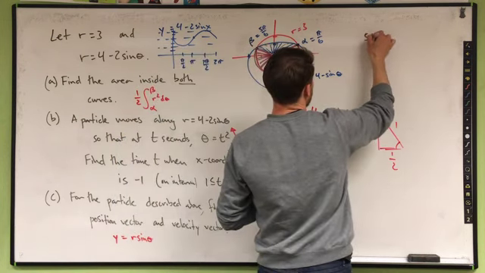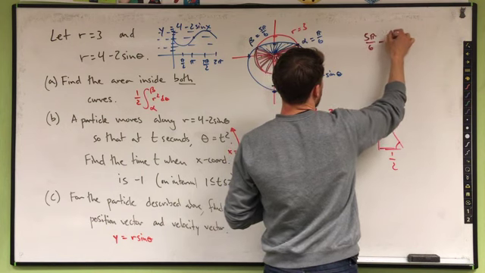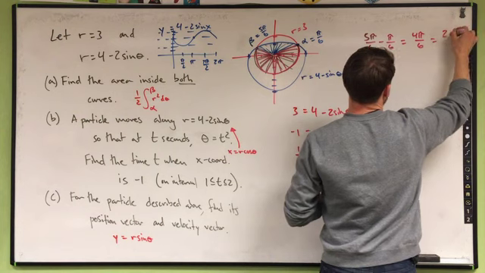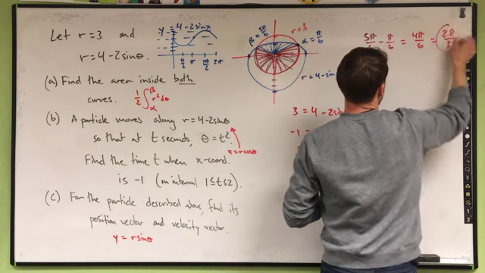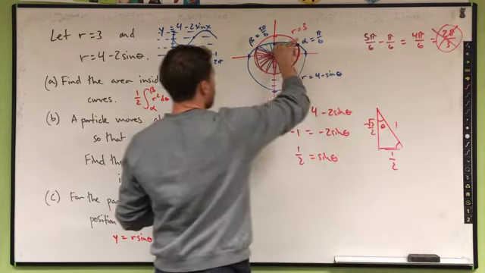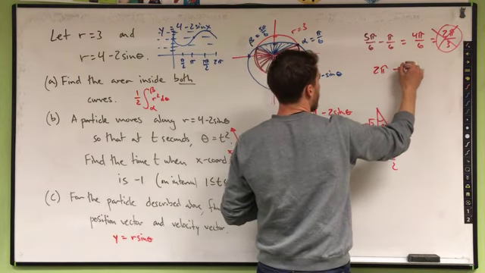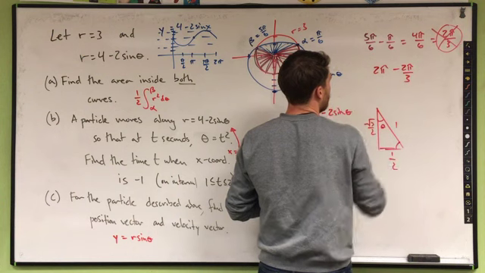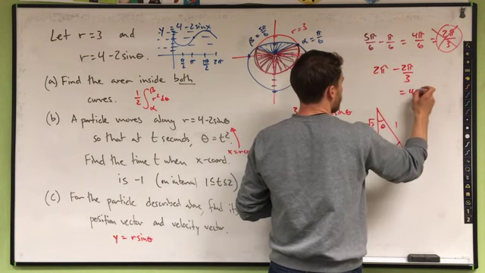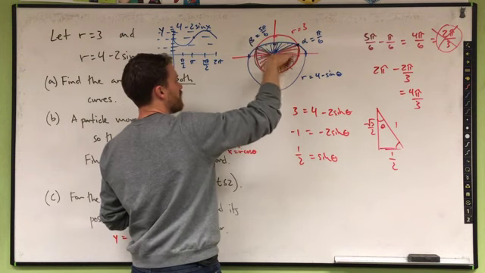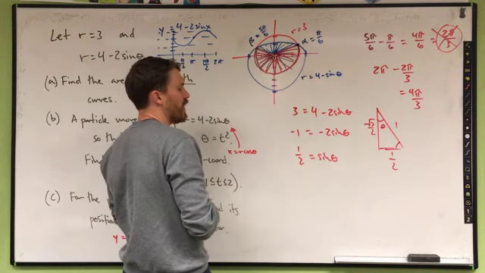So if we did 5 pi 6 minus pi 6, that's 4 pi 6, which is 2 pi thirds. So we don't want 2 pi thirds of the circle. So how much of it do we want? Well, we want 2 pi minus 2 pi thirds, which is 4 pi thirds. Right? That's the proportion of the circle we want.